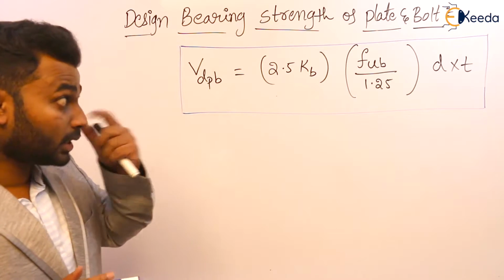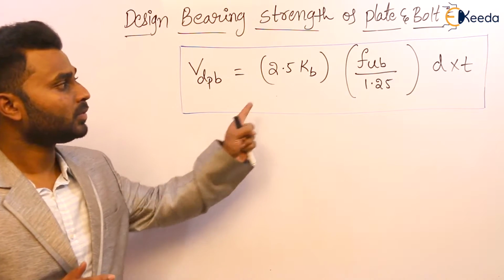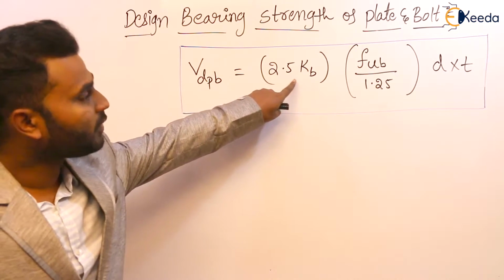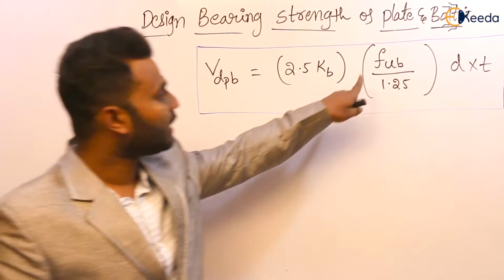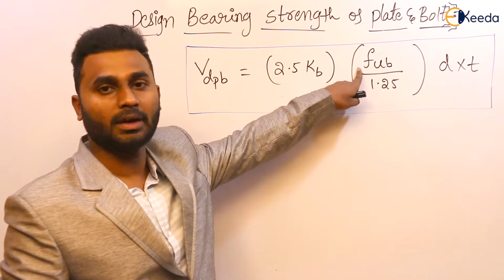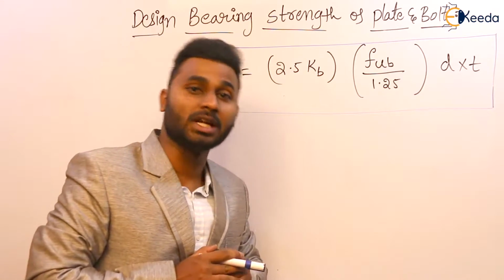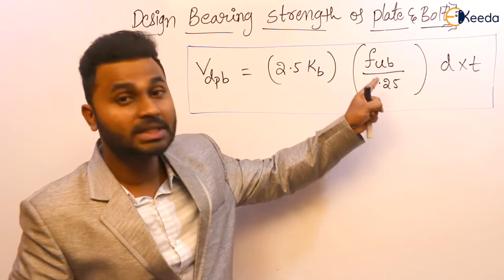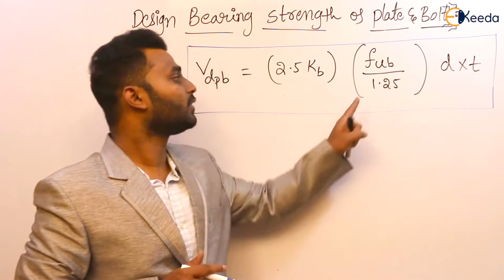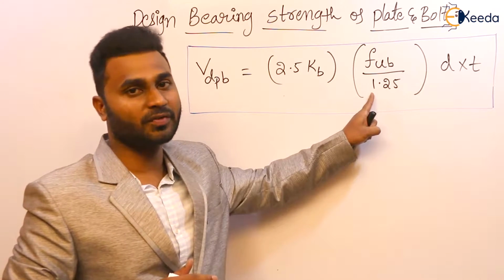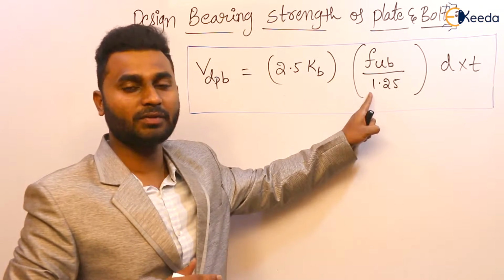Okay, so now what are the terms here? 2.5 into kb is a factor, and Fu or Fub. Fu is the ultimate tensile strength of steel, and Fub is the ultimate tensile strength of a bolt. And we know that 1.25 is the factor of safety for a bolt.